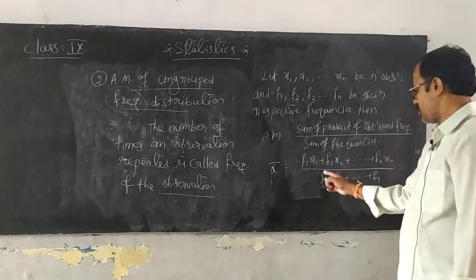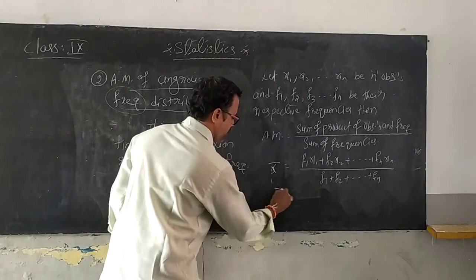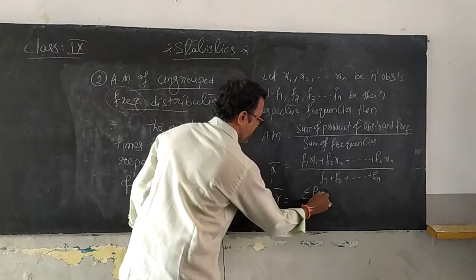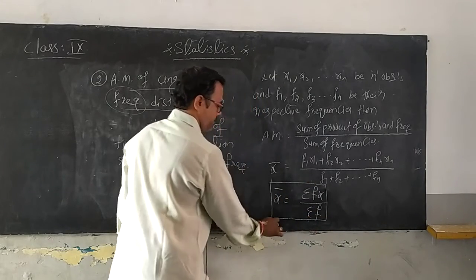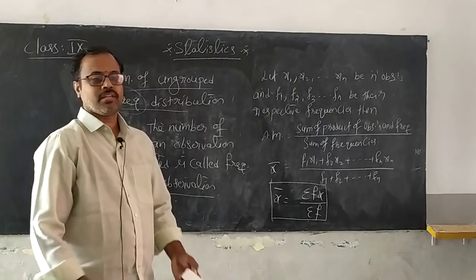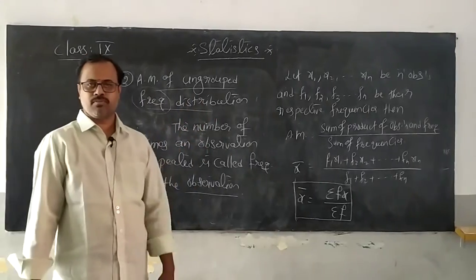Okay guys, now we symbolize this in short form, and that short form is x bar is equal to sigma fx by sigma f. This is your formula for the second method, arithmetic mean of ungrouped frequency distribution.